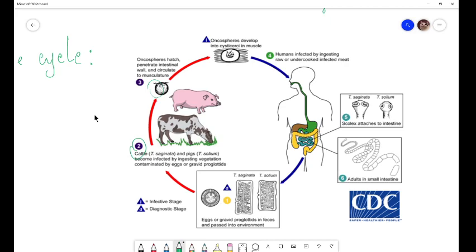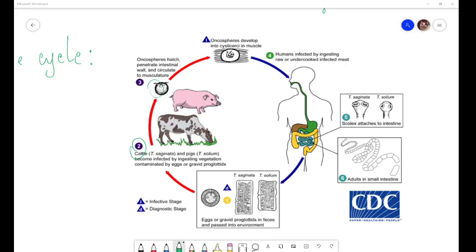The length of adult worms is usually 5 meters or less for Taenia saginata, and I must tell you that they may reach up to 25 meters, around this number, and from 2 to 7 meters for Taenia solium. It's not a long worm, but long for our digestive system.